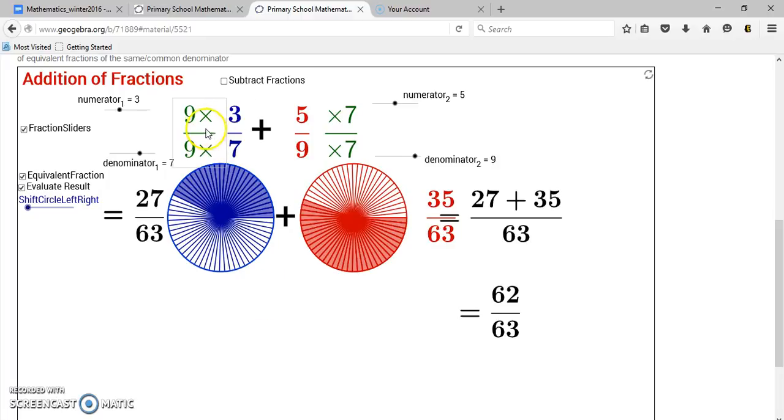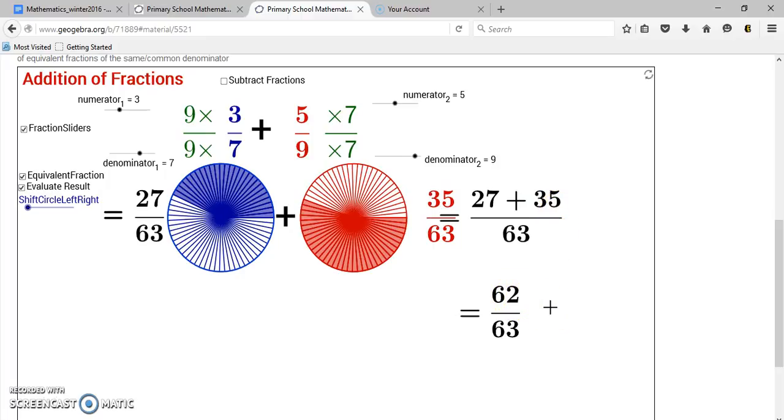So you'll multiply 9 times 3 to get 27, and 9 times 7 to get 63. Over here, 5 times 7 to get 35, and 9 times 7 to get 63. And since these both have common denominators now, you can just add straight across. So 27 plus 35 happens to be 62.